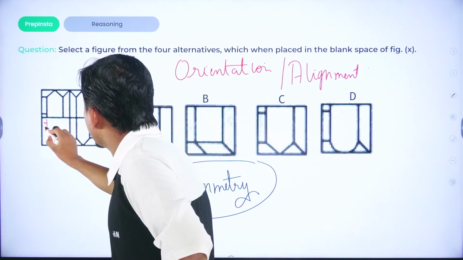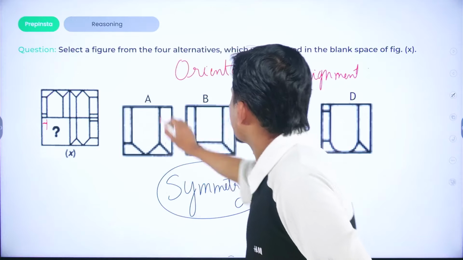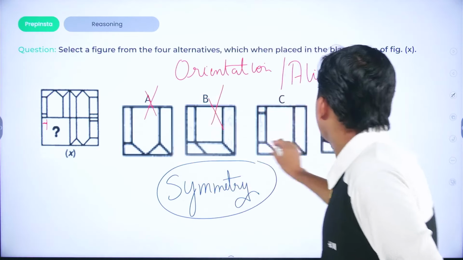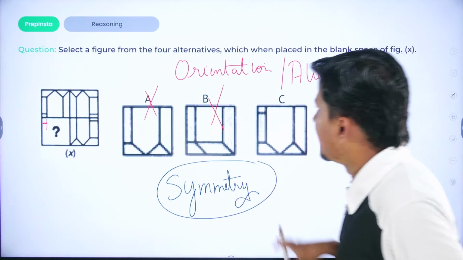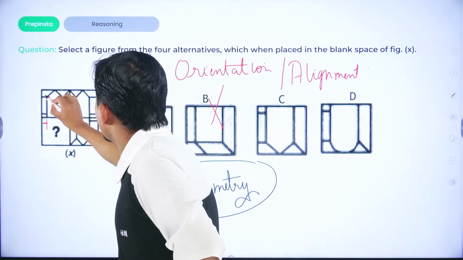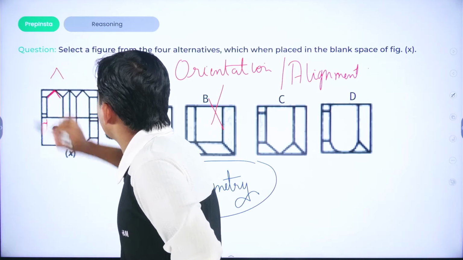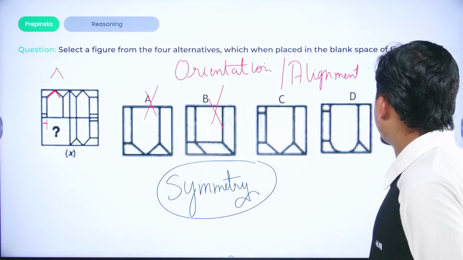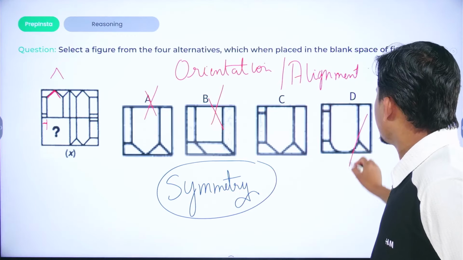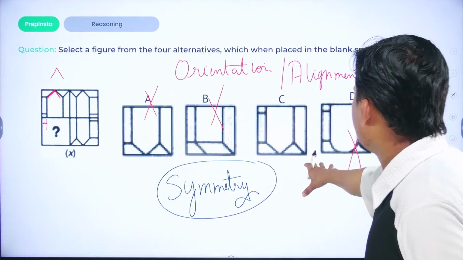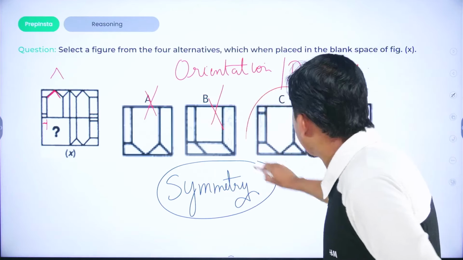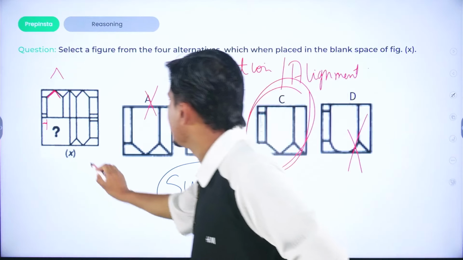This will be something like this now. So this would be the wrong option, this would be the wrong option. We are left with two of the options. Further we will check the orientation. So the orientation here would be an edge, a triangle is being formed. So this would be the wrong option. Only one option we are left with which satisfies the condition, that is option number C.